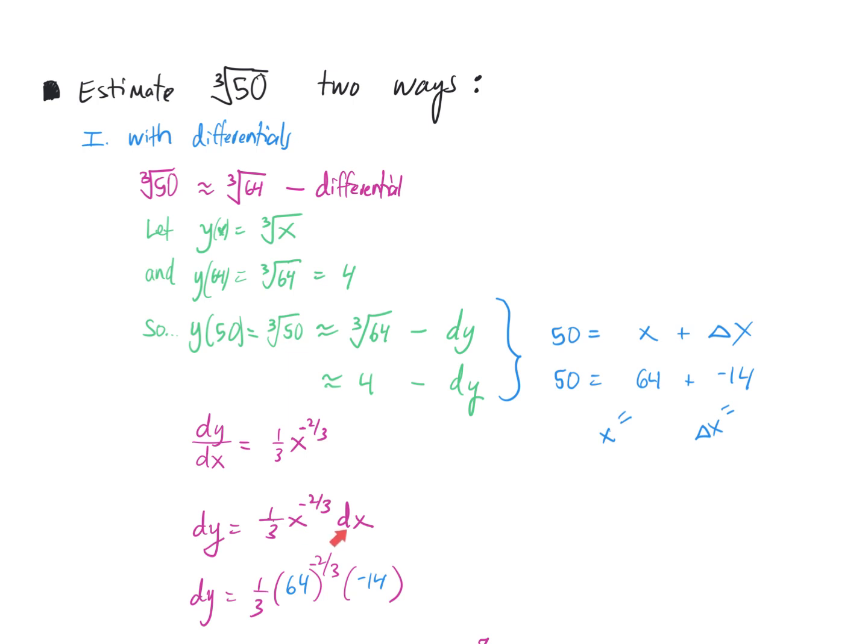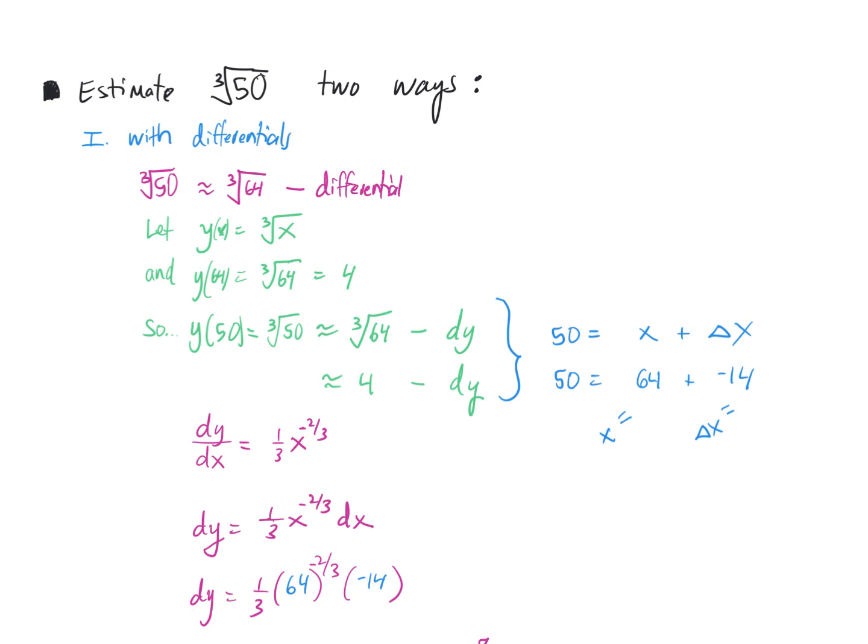All right, well, so for this scenario, our x value is 64, and our differential of x, our delta x, is -14. So our differential in y is 1/3 times the x value to the -2/3 times the differential in x, which is -14. So we can use this error in x, or this differential in x, to get a propagation of the error in y, or the differential in y.